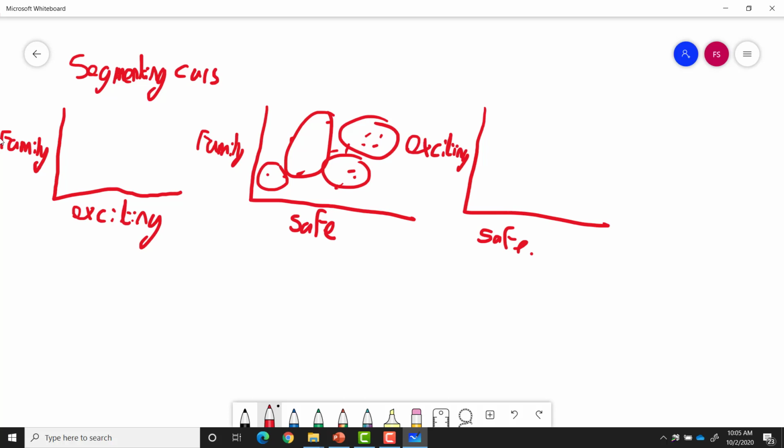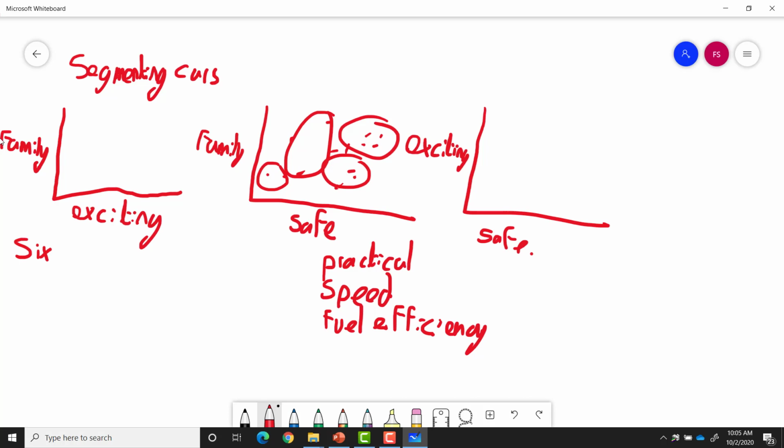That's our segmentation. But the problem is that each time we add a different variable, say a measure of how practical the cars are, the speed of the car, or how environmentally friendly it is, so fuel efficiency, the number of plots grows. Imagine we had 6 different segmentation bases.